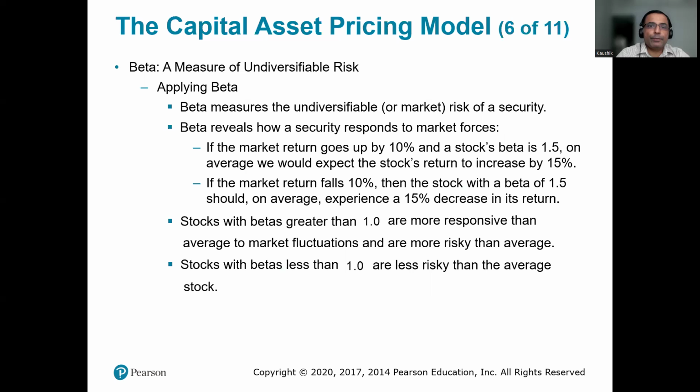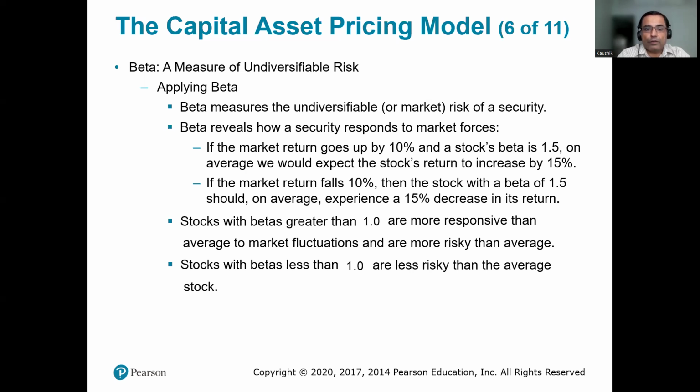So how do we interpret beta? If beta is 1.5, it means that the changes will be 1.5 times that of the change in the market. If market return goes up by 10%, stock return will increase by 15%. Similarly, if the market return falls by 10%, stock return will fall by 15%.